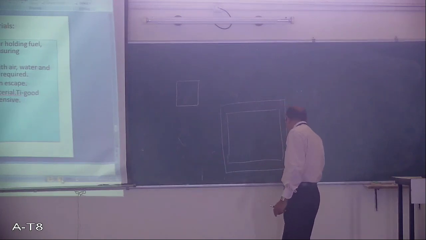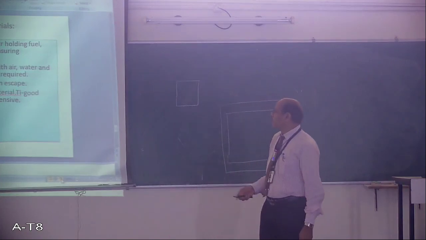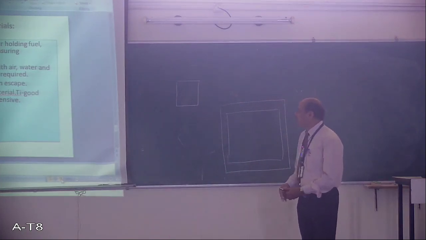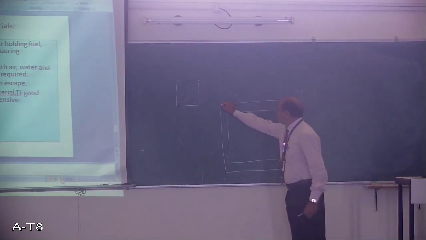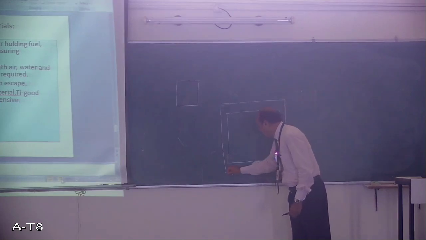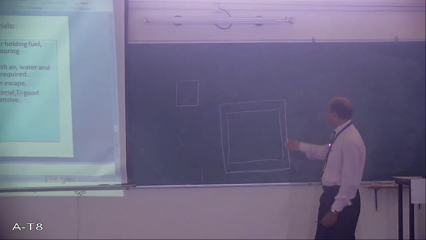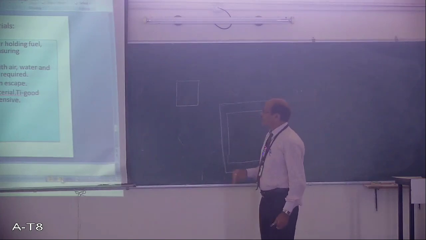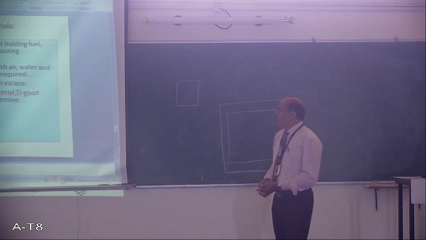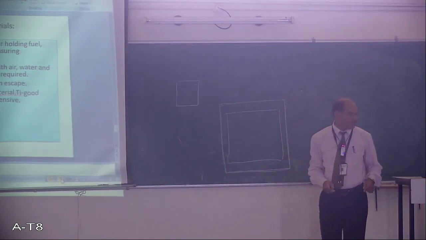Cladding prevents escape; zirconium cladding is used. With the help of zirconium metal, a metal wall is prepared, and that metal wall will prevent the uranium from escaping out of it. Titanium can also be used, but it is very expensive.